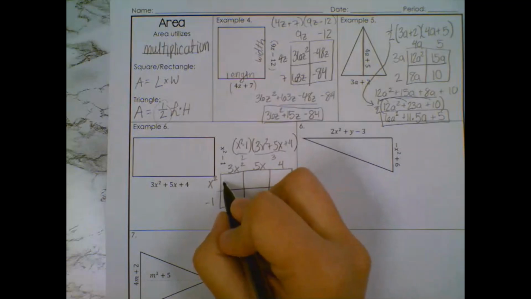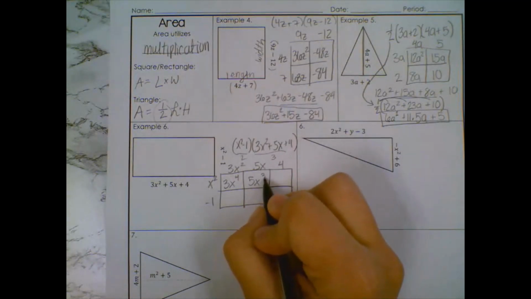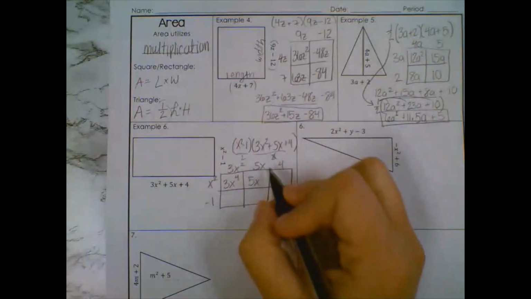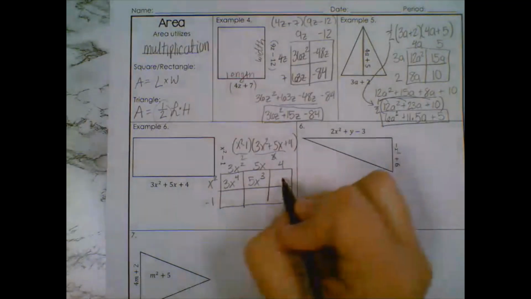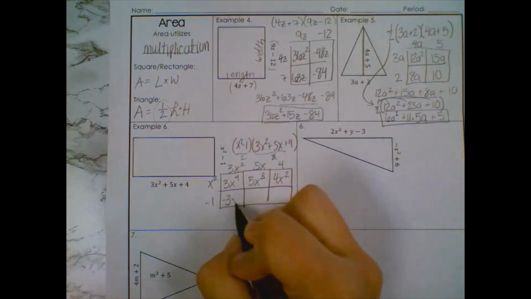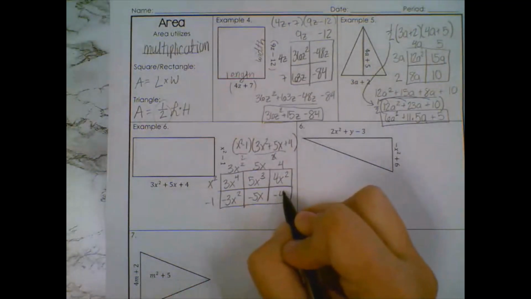This is going to give me 3x to the 4th, 5x to the 3rd, or sorry, to the 5th. Oh, nope, sorry, I thought that was an exponent. To the 3rd, I was right. 4x squared, this is going to give me negative 3x squared, negative 5x, and then minus 4.